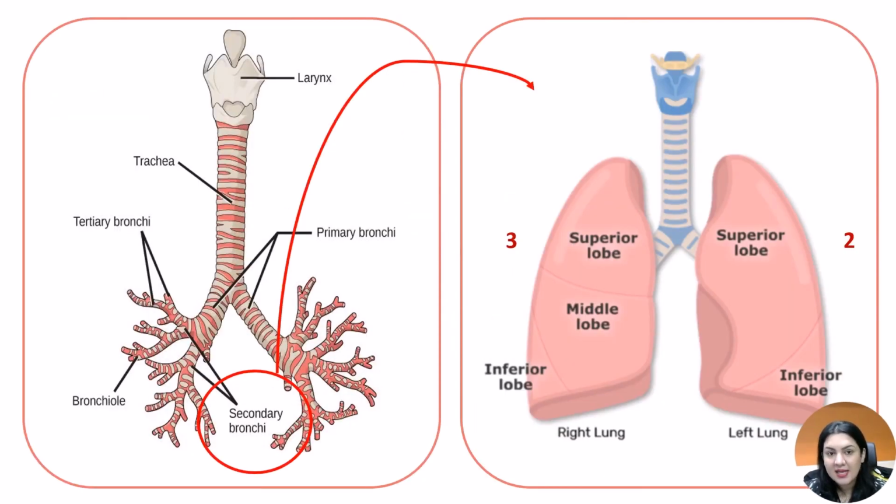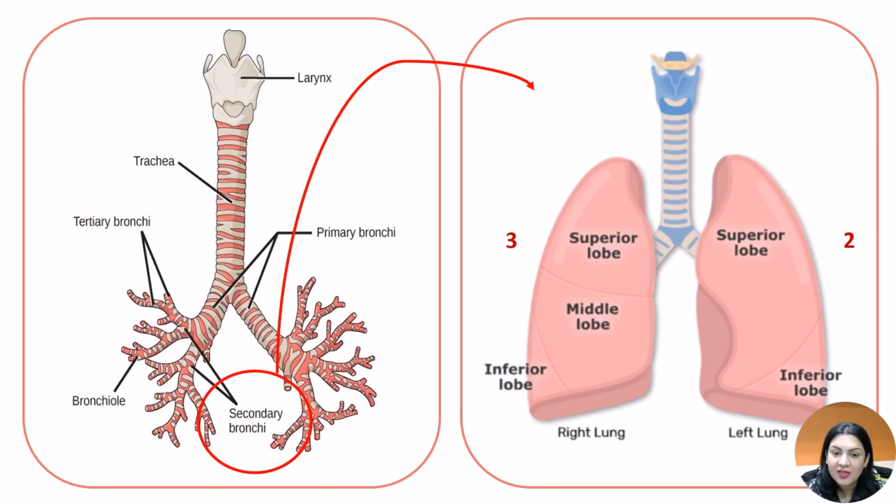What happens next is, as development advances, these primary bronchi will undergo further branching to give rise to the secondary bronchi. During this stage of early development, you start to see an interesting asymmetry become more and more apparent in the structural development of the lung.